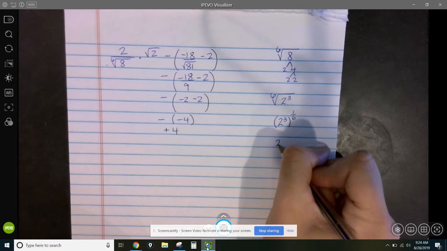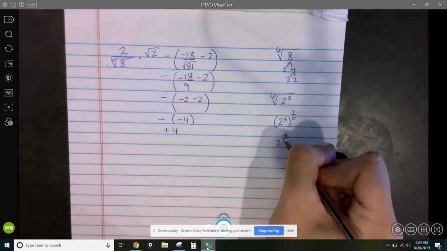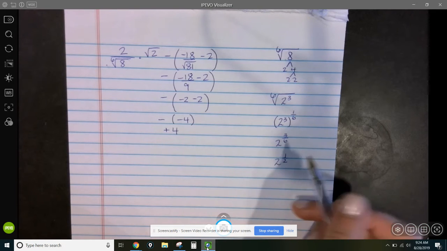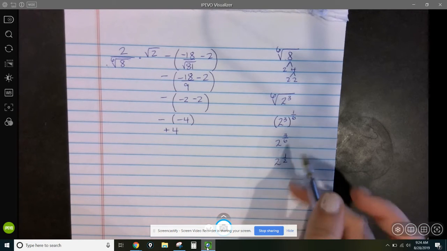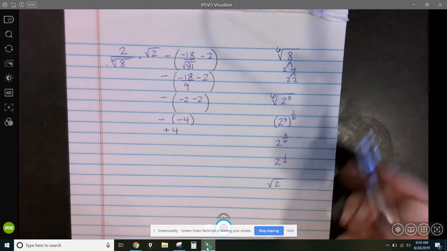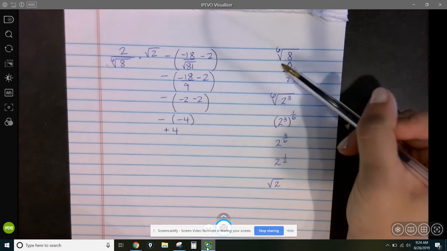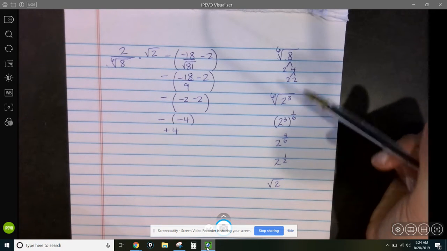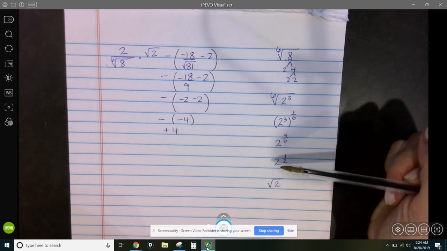So I end up with 2 to the 3/6, or if you reduce that, you get 2 to the 1/2 power. And we know that the 1/2 power is the same as writing the square root of 2. So the 6th root of 8 is actually the same as the square root of 2 through all of these steps. This is the most complicated part of this problem.